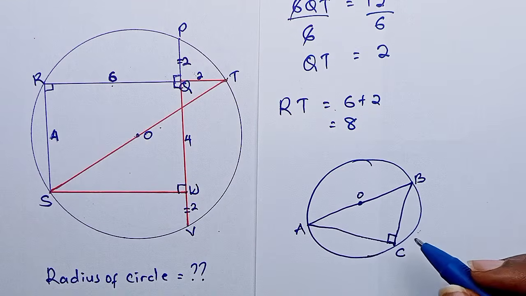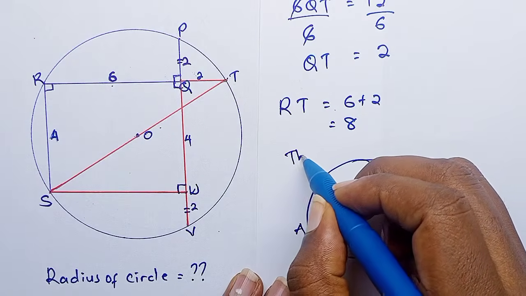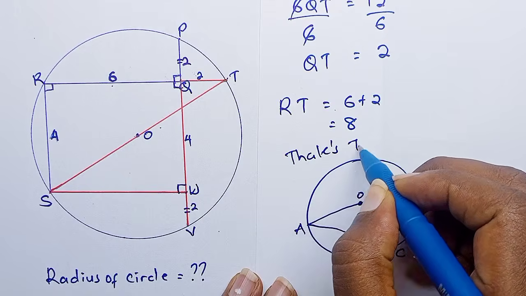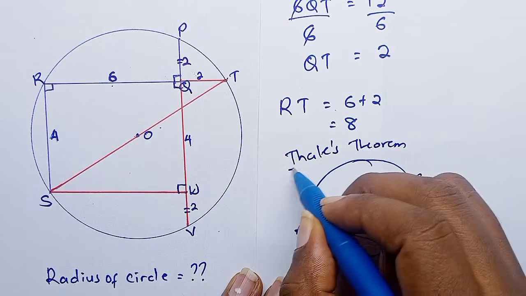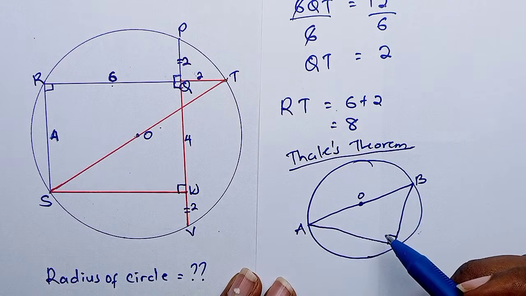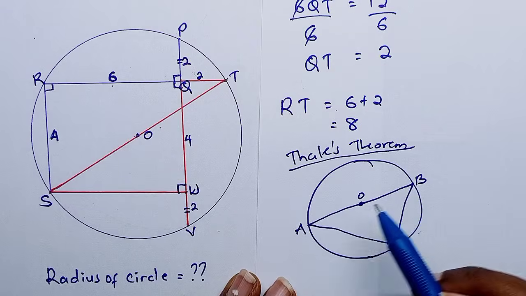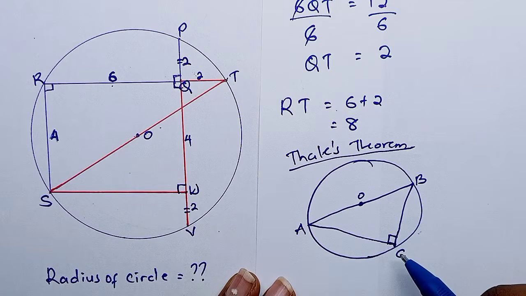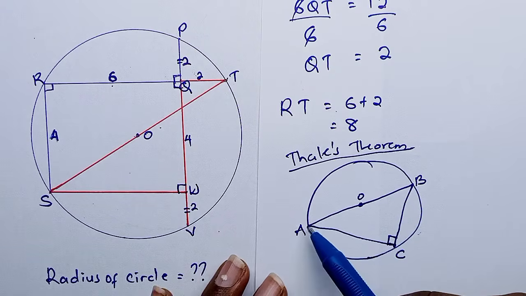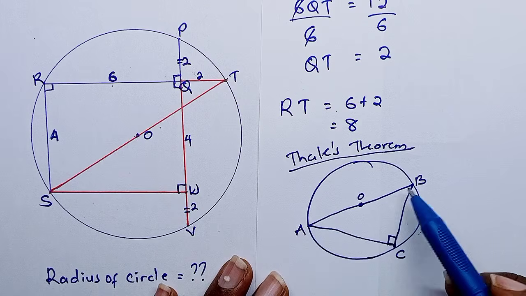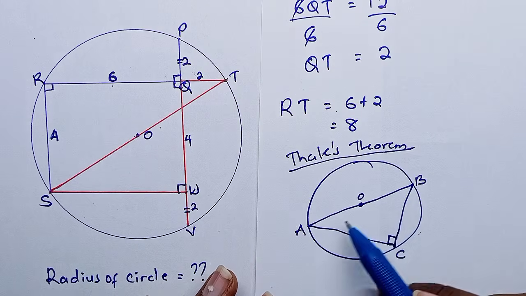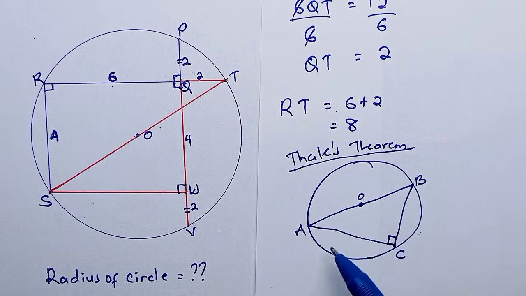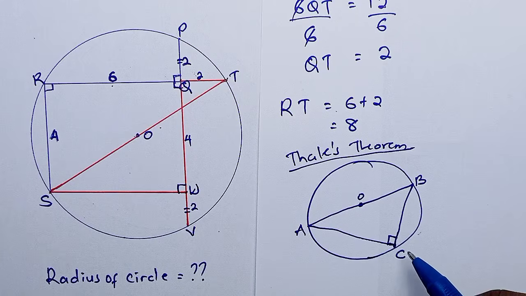According to Thales theorem, if A, B, and C are points on a circle where line AB is a diameter, as you can see here, then angle ACB, this angle here, is a right angle, where it's 90 degrees.